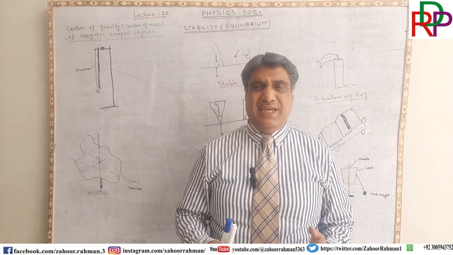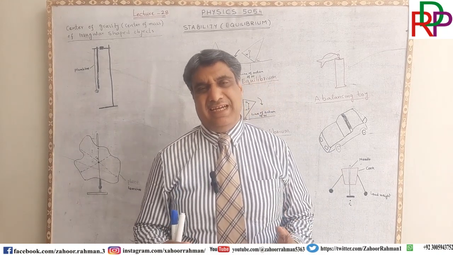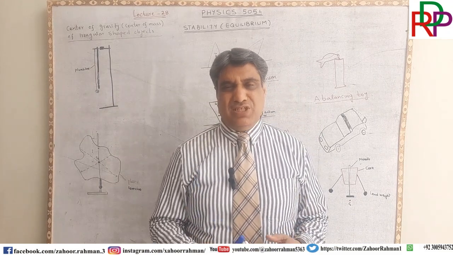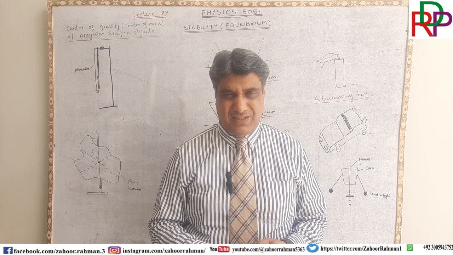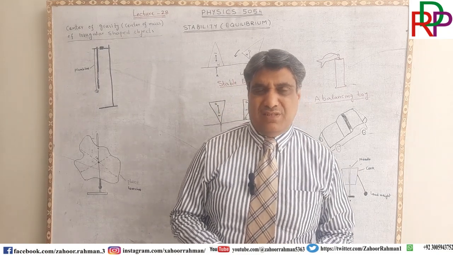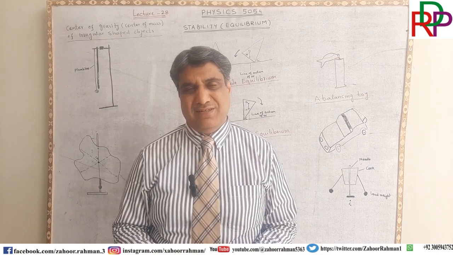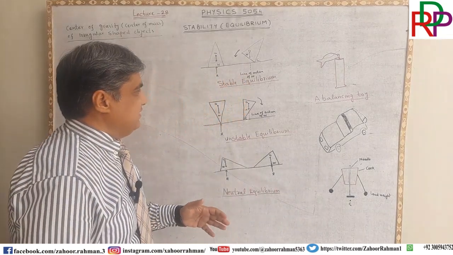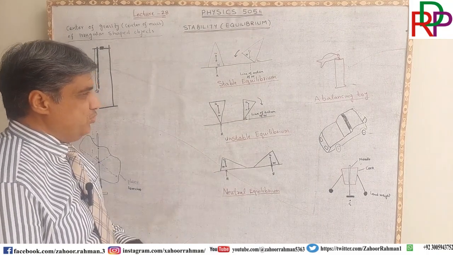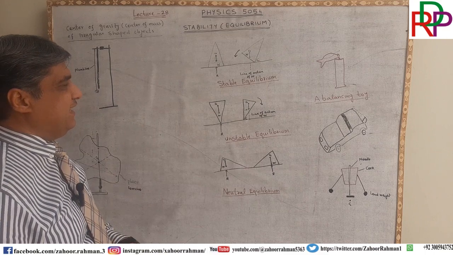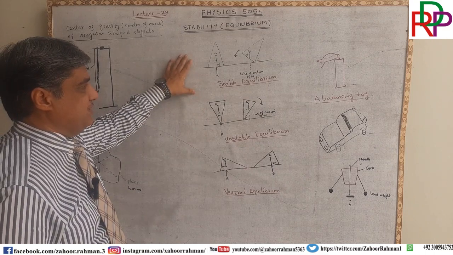Stability is the ability of an object to regain its original position when slightly tilted. We can explain this phenomenon through these diagrams, and then you will understand that there are three types of equilibrium or stability.